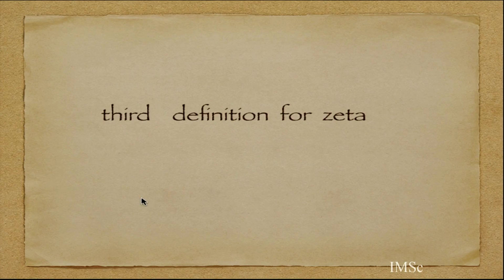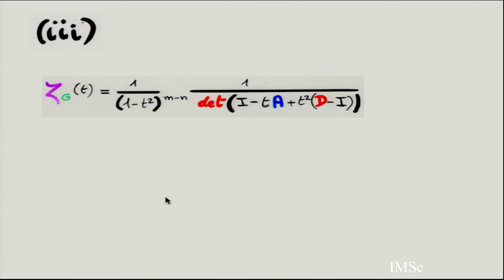Now let's go to 3, the third definition of the zeta function, which is this one. So now I'm going back to the graph itself. Instead of taking the adjacency matrix of the line graph, I am taking the graph itself, but I have a correction to do, and I have this extra term which is coming.